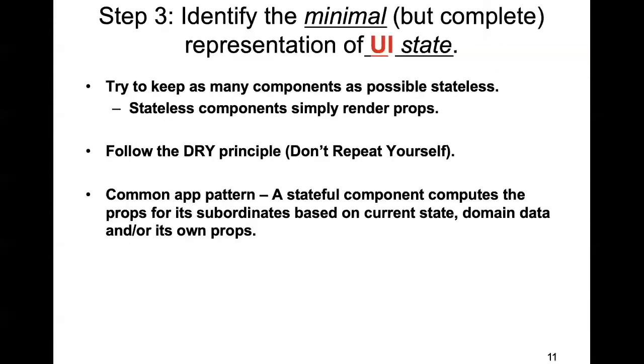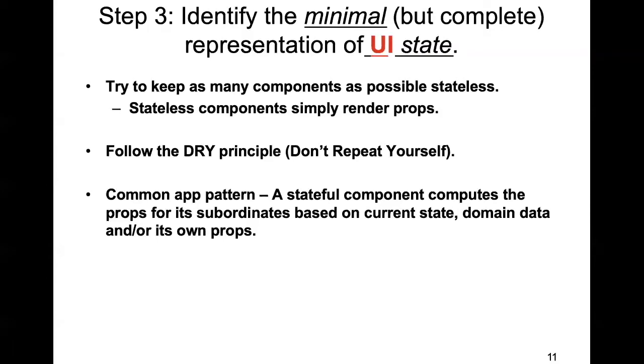So now we're moving on to step 3, where we start thinking about state. In step 3, all we're really interested in is identifying where there is state within our UI. We're not yet concerned with deciding which components are stateful and stateless. But I'm also saying in the title that we want to identify the minimal but complete representation of UI state.